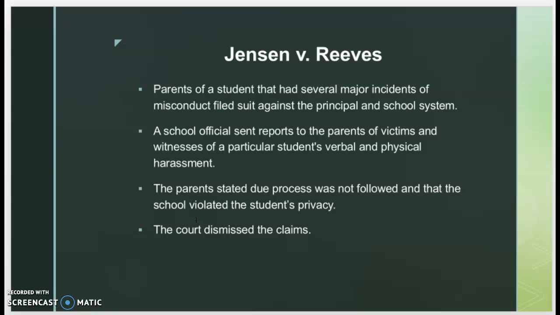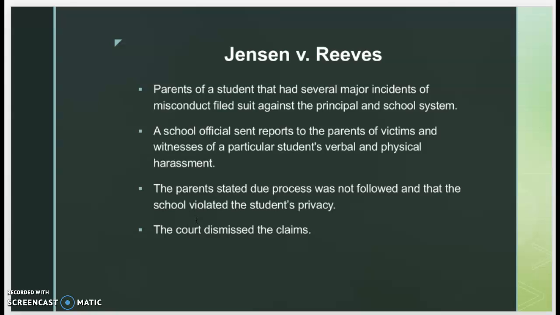He was suspended from the school, and the parents' first claim was that due process was not followed. They also claimed that the school had violated the student's privacy when the school system and the principal notified parents of students that were involved in the misconduct. The principal had sent out a notice of the allegations and what had happened, over one of the sexual misconduct cases, and the parents claimed that that is where the student's privacy was violated.